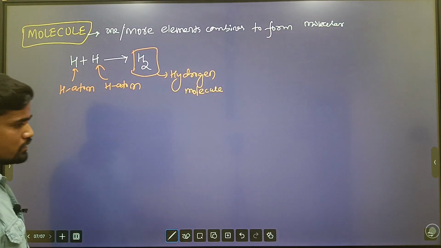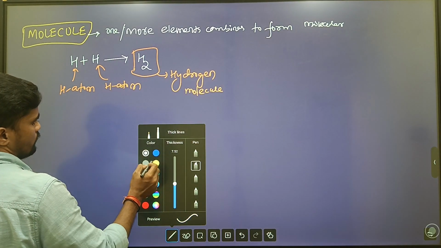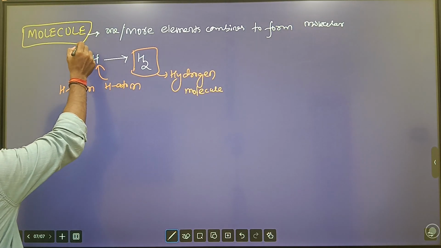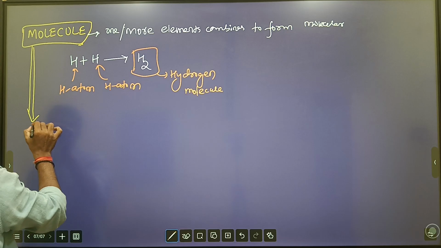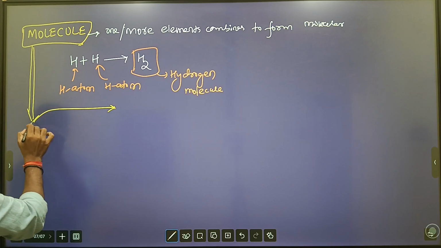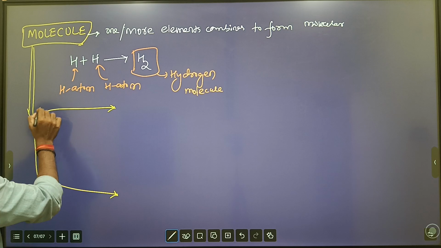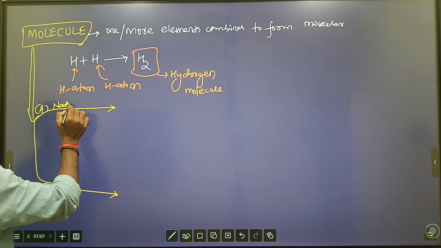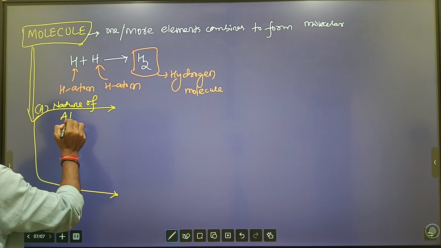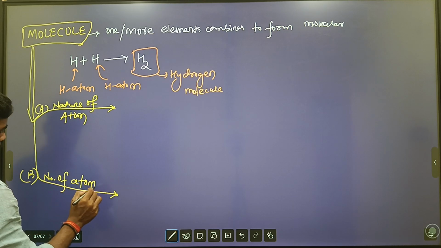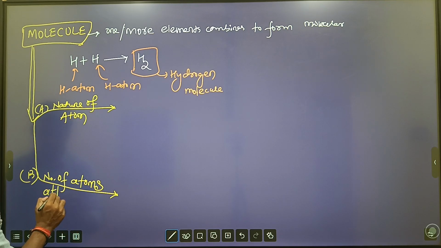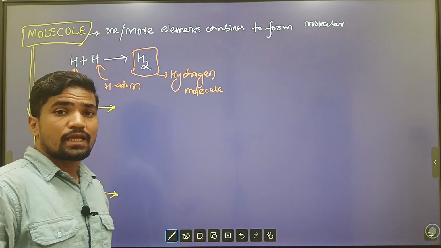Molecules are classified based on two categories: one is the nature of atom, and the second is the number of atoms attached. तो based on nature of atom, what are the types of molecules?